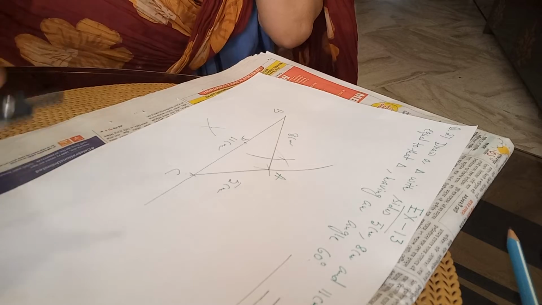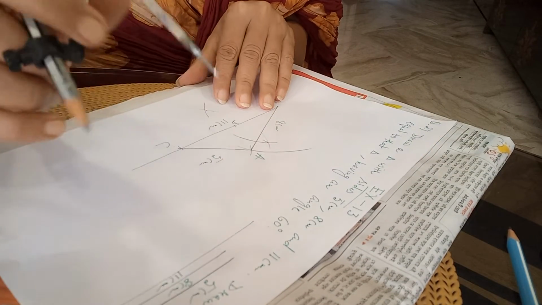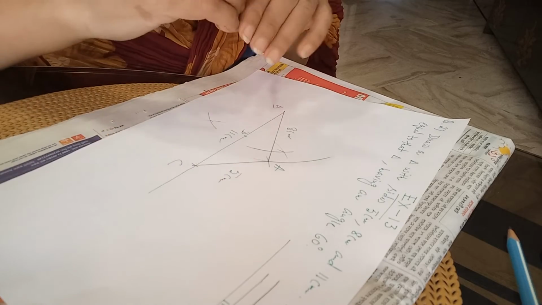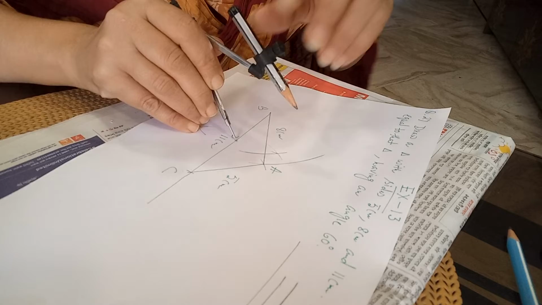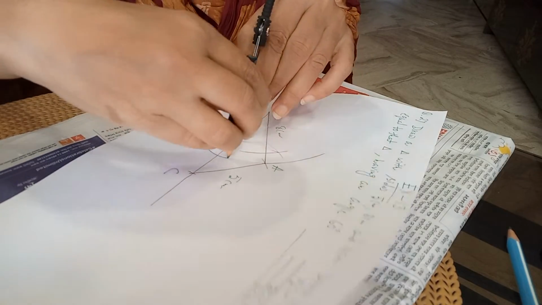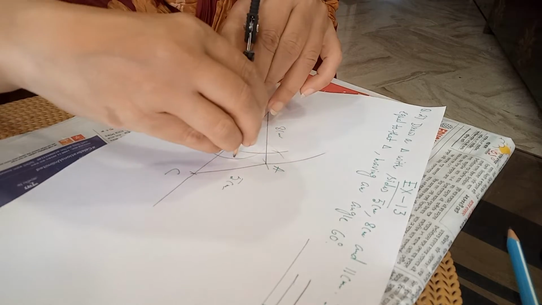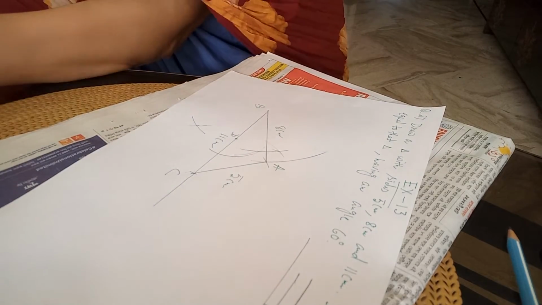Then draw parallelogram equal to that triangle having an angle 60 degree. Okay, so here I will draw 60 degree. Clear? You know how to draw 60 degree. Take any arc.